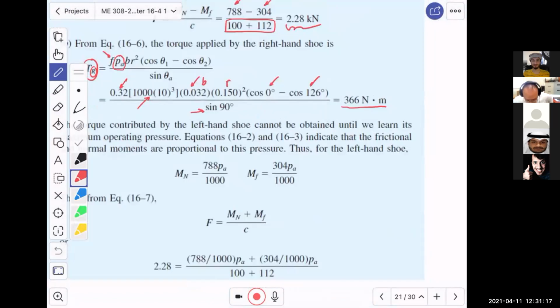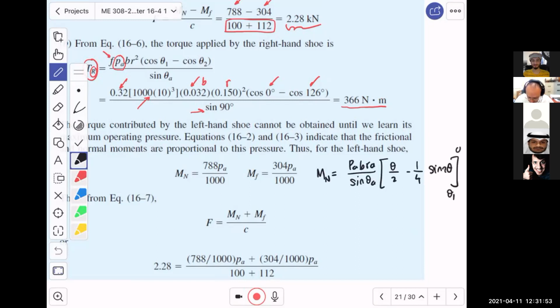Okay. Now let's go and look at the equation for the moment. I'm just going to write them down quickly over here. Mn is equal to PA multiplied by BR divided by sine theta A, and then I have theta over 2 minus 1 over 4 sine 2 theta, from theta 1 to theta 2.